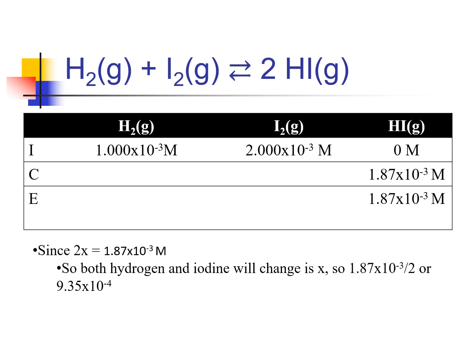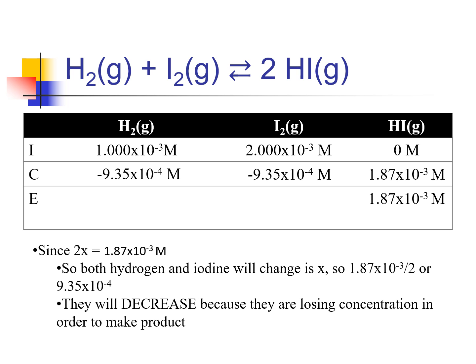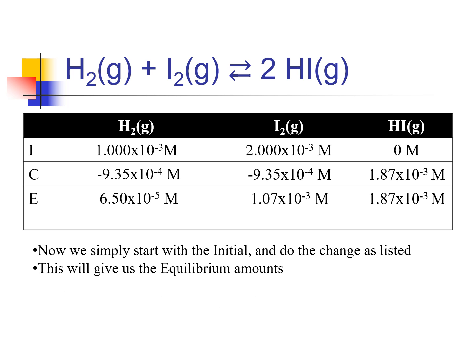That means x would be half of that, or 9.35 times 10 to the negative fourth, like we see there. So now we can simply subtract the change from the initial. So I do 1 times 10 to the negative third minus 9.35 times 10 to the negative fourth, and that gives me my equilibrium amounts.